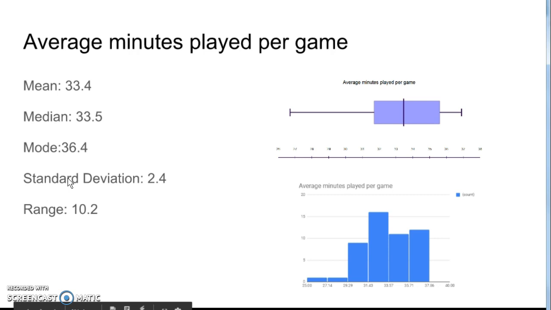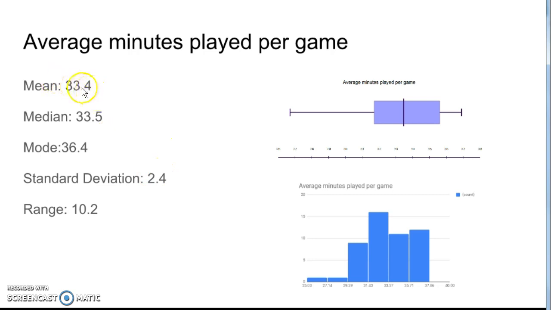The standard deviation for the average minutes played per game is 2.4, which just tells us that it's pretty tight together because it's all about proportionality. Since there's a pretty high value for the average minutes played per game, a particular player would have played 2.4 minutes on average more or less than that average, and by proportionality that's not very much.